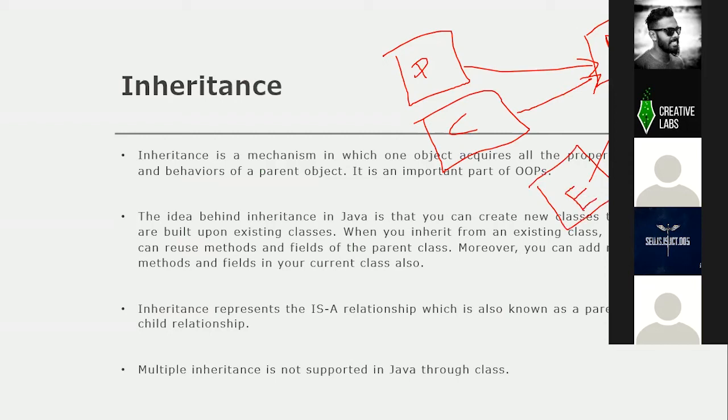This animal has some common features like number of eyes, number of legs, and number of tails. But what are the special features for a dog?